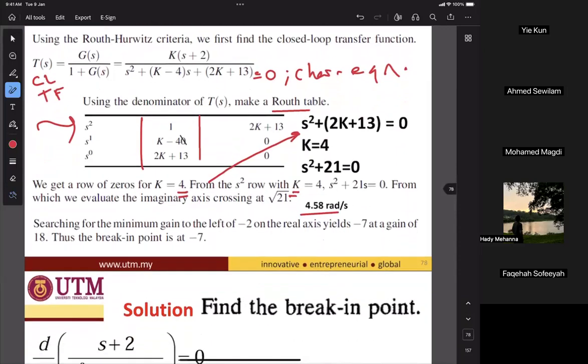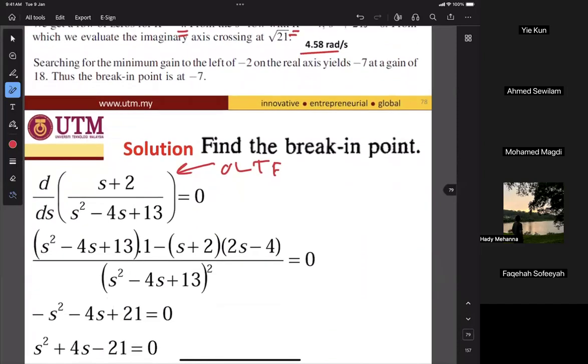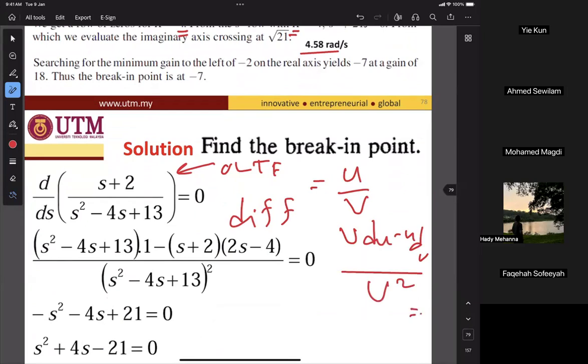And then for the break-in point, this is the open loop transfer function, S plus 2 over S square minus 4S plus 13, differentiation. If you don't remember, the formula is like this: V dU minus U dV over V square equal to 0.